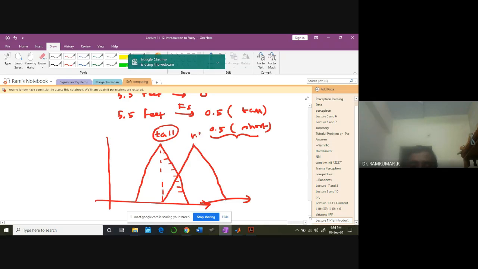Now look at this. This 6 feet is not going to have any membership in the set very tall. But a person with 6.5 feet, for example, will be given memberships in both tall as well as very tall. A person with 6.2 feet will be given a somewhat reduced value in the set very tall.